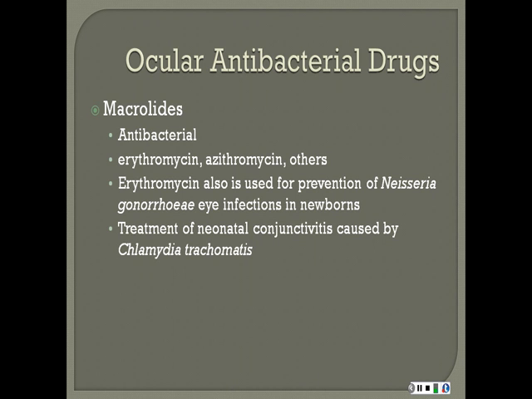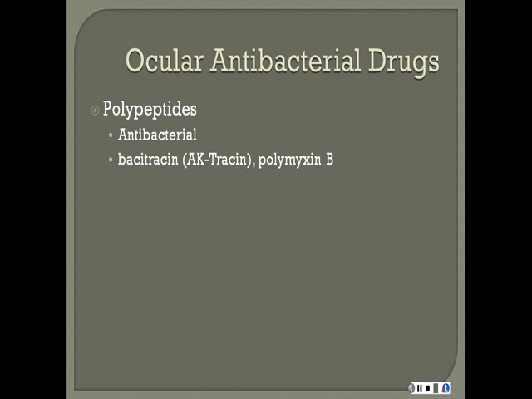So there's the eye creams that they use right after babies are born. The polypeptides, also antibacterial, so this is the bacitracin or the polymyxin B. These drugs are most commonly used in the treatment of superficial types of infections caused by gram-positive bacteria.